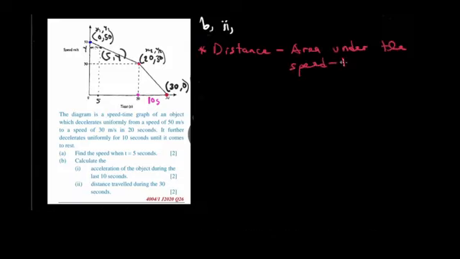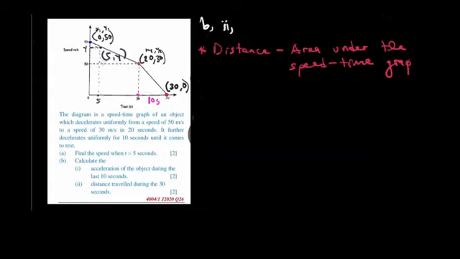So the area under the speed time graph is the distance. The area we are referring to is this one. This whole area is the one which is going to give us the distance of the body during the 30 seconds.